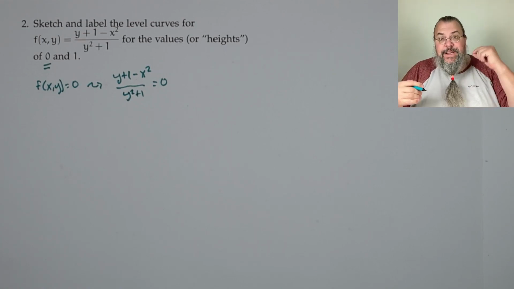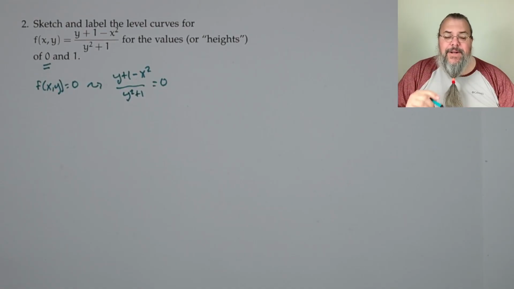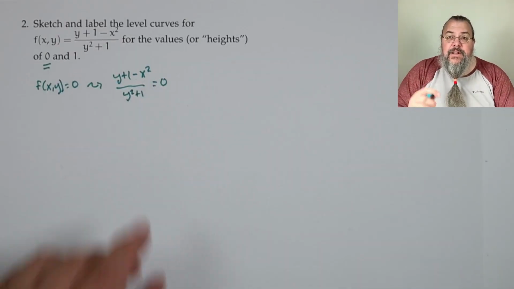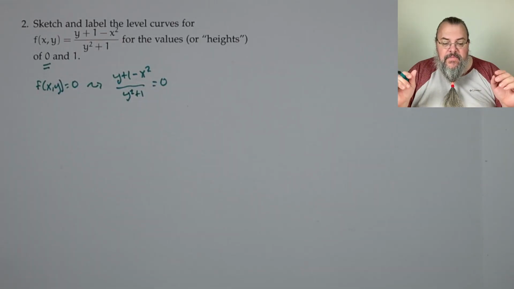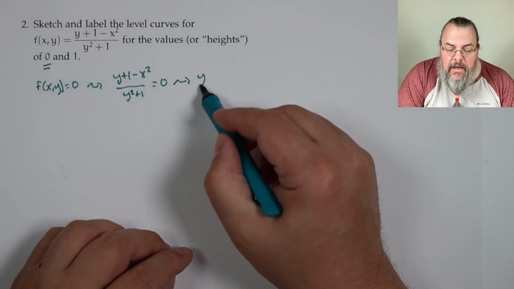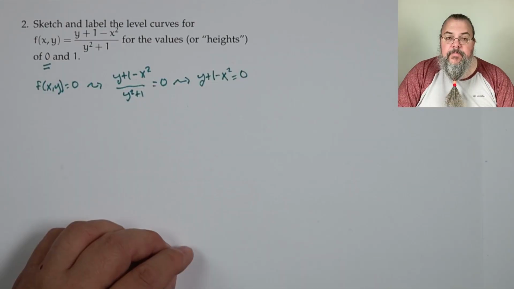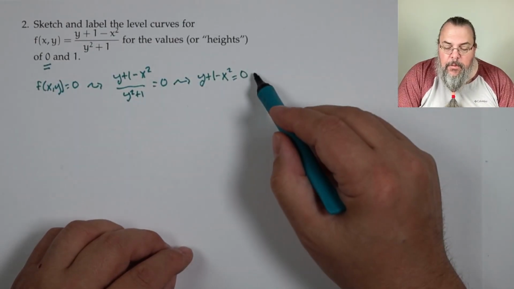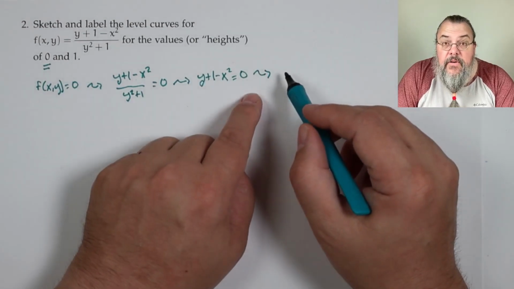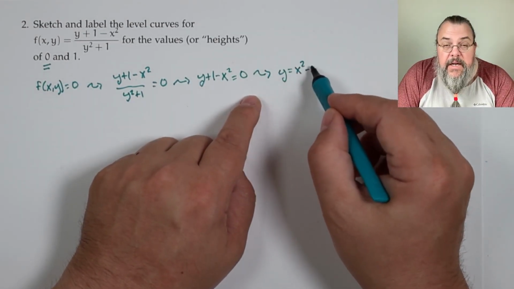The numerator must equal 0. You can see this if you sort of cross multiply. Just multiply the y squared plus 1 across, but then it just disappears. So this really gives us y plus 1 minus x squared equals 0. And we can recognize that surface because if we move terms across, that becomes y equals x squared minus 1.